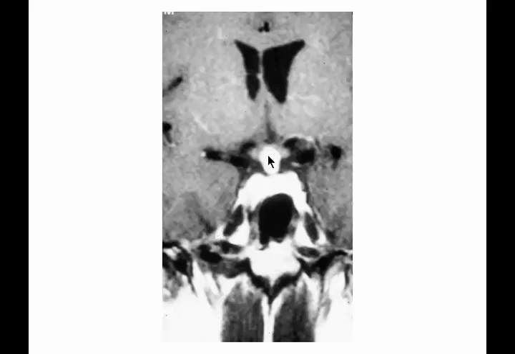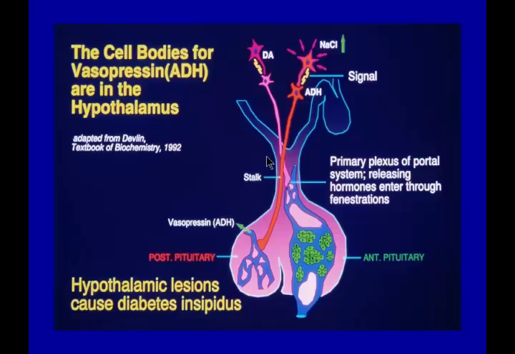Diseases that involve the hypothalamus, not the posterior pituitary, because remember I said you don't need a posterior pituitary, such as sarcoidosis or other blood-borne diseases classically, or tumors if they get large enough, can cause destruction of these nerve bodies.